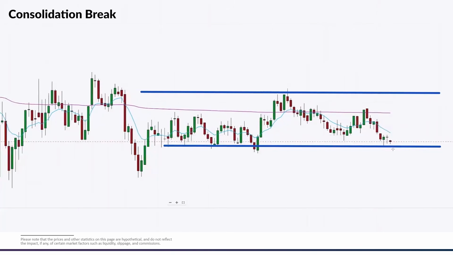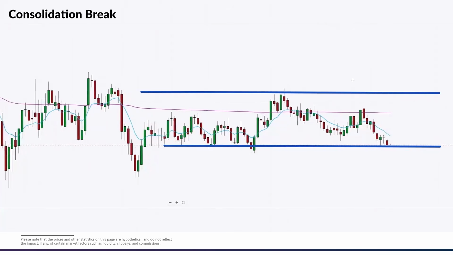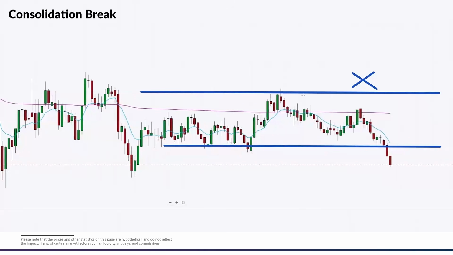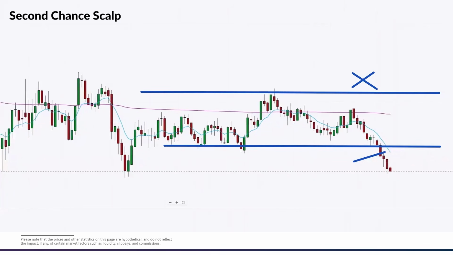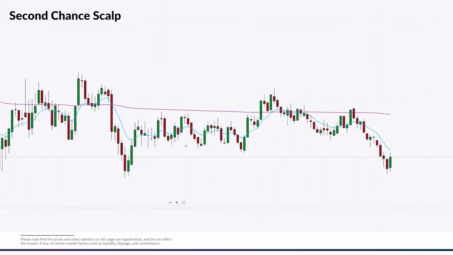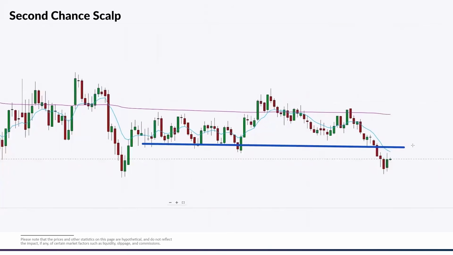We can enter if there is a full close below that range. If that occurs, then our stop, based on the price action and the technical analysis, would be up above the highs of the range. So we can get in right here on that candle, and our stop is above the highs of the range. We would risk accordingly.